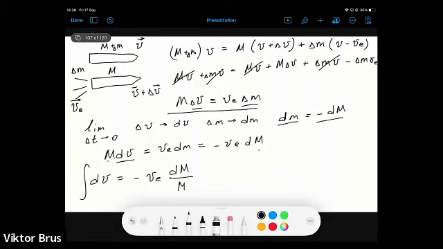So again we need to define the ranges, the initial and final condition. We assume that initial is V initial, final is V final for velocity, and here we put initial mass and final mass.